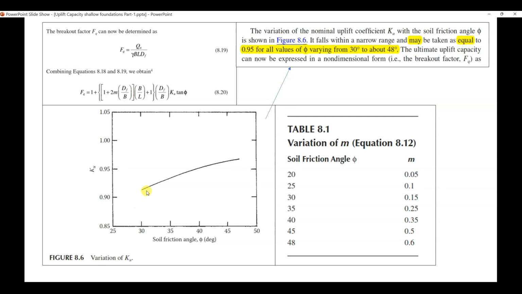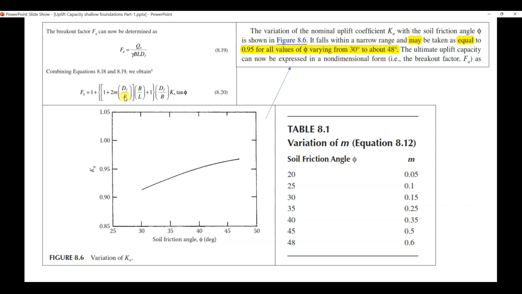Since you can see that the minimum value here is about 0.92 and the maximum value here is about 0.97 or 0.965. So 0.92 to 0.965 is a very narrow range, and you can take the average. Since the value is already 0.95 or 0.92, 0.93, it will not affect the outcome much.